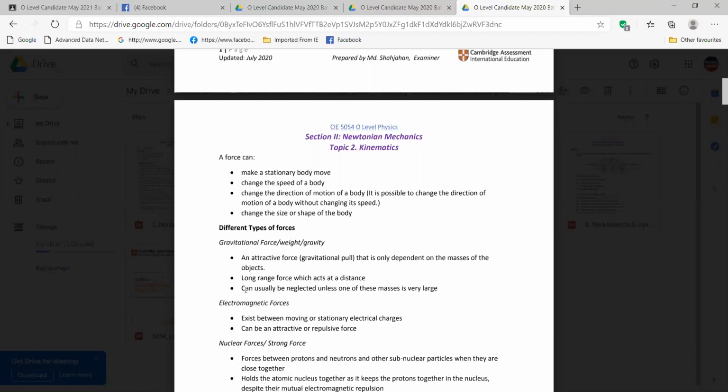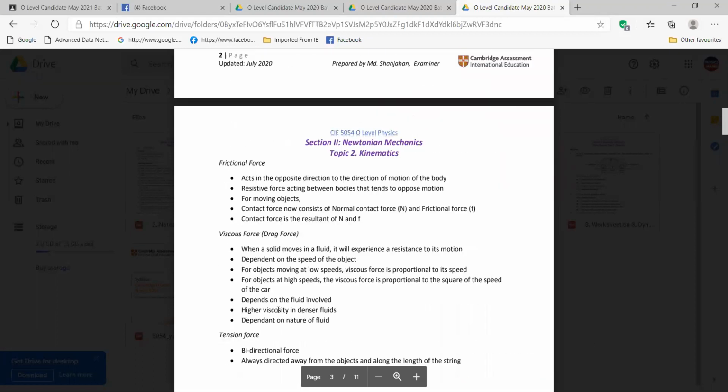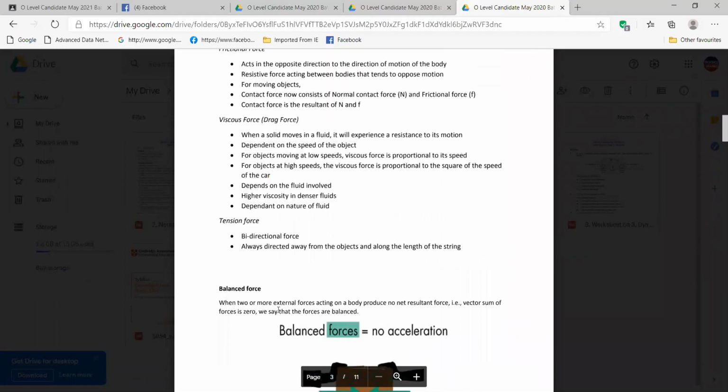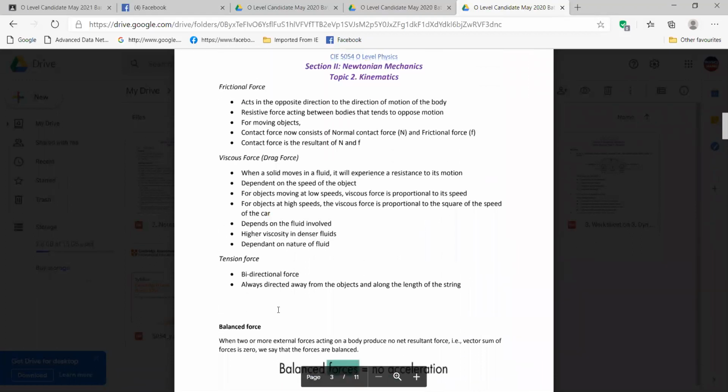Okay, which page? Page number 3. Frictional force. Last 2 points. Oh, frictional force. Last 2 points. I'm going there. Page two, page three. Okay, here. Hmm.